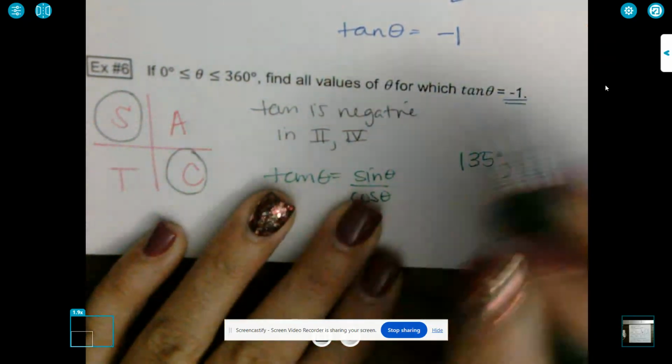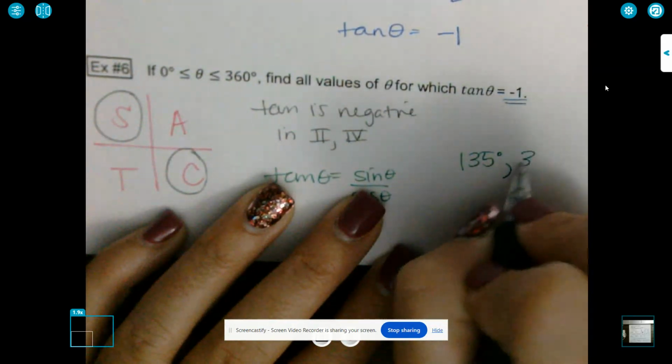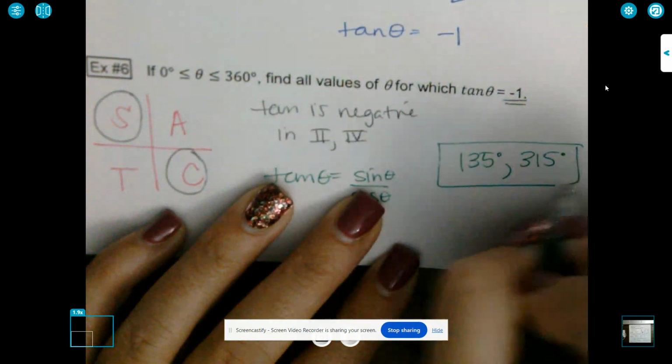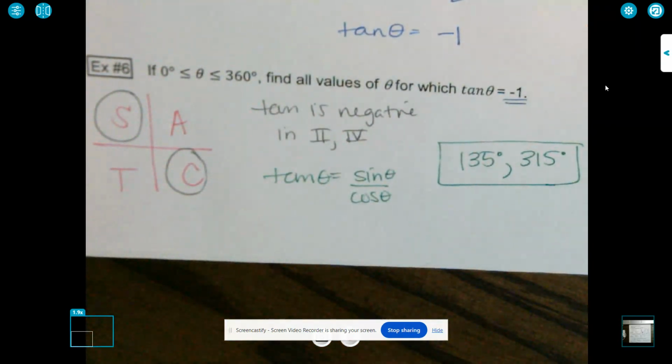And then in quadrant 4, that's going to be the 315-degree angle. All right, so all of that goes through.